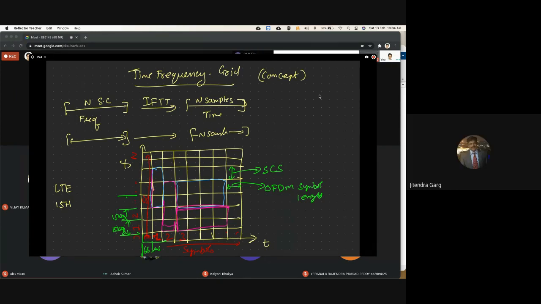Sir, is it required to have a continuous allocation of the resource blocks to one user, or can it be allocated in a discrete manner also? It can be allocated in a discrete manner. The specification does allow you to allocate user one to be here and here and here also. Theoretically it's random, but once we go to LTE or 5G specifications, some of the time slots are fixed for certain signals, either control signals, or you can start a traffic signal from a particular symbol only.